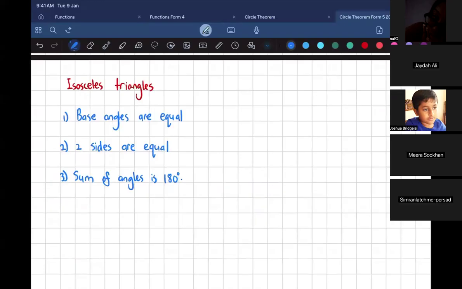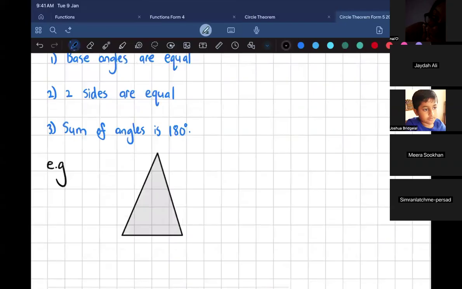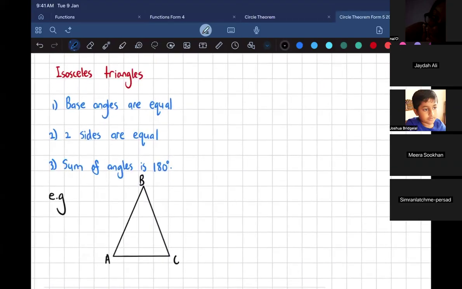Kadisha, when you hear the word base, you think of something standing up on the base, yeah or no? Right? So I'm going to draw a triangle. First of all, let me label the vertices. Let me call this A, I'll call this B, and I'll call this C. Tell me, Kadisha, which two sides look equal?